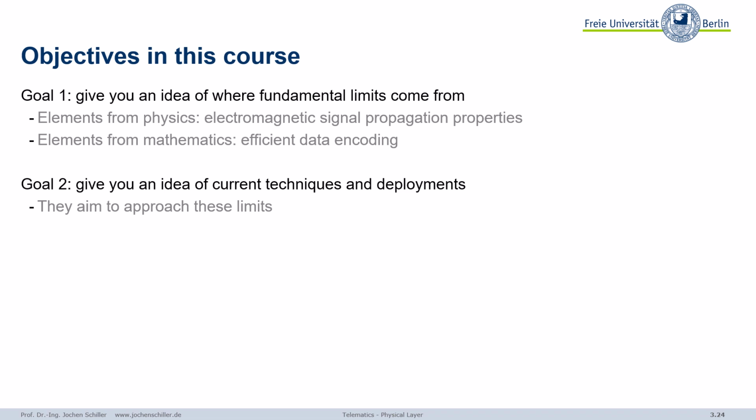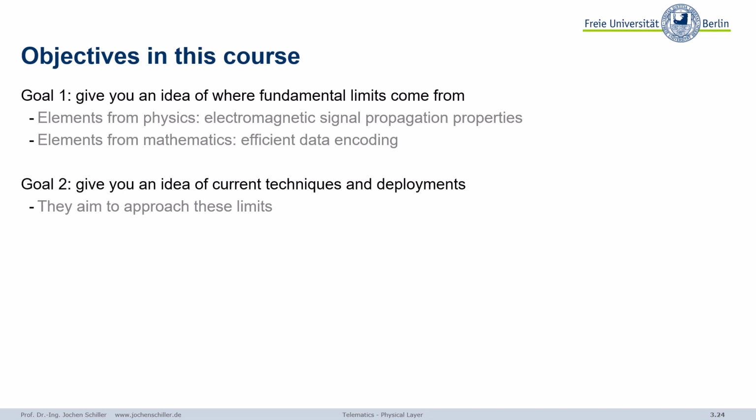And we have to follow what physics, what nature gives us. So, where are the limits here? And then we know something from math. So how do we encode data? You have to understand this. And then the second goal is, I will show you certain techniques, deployments, how we try to approach these limits given by nature.